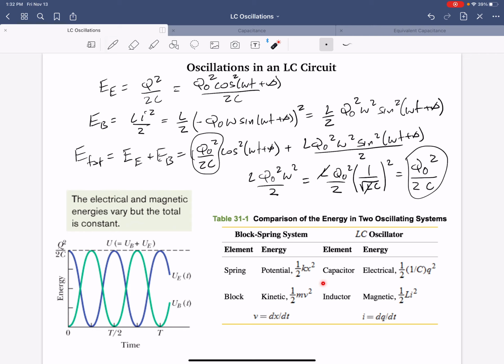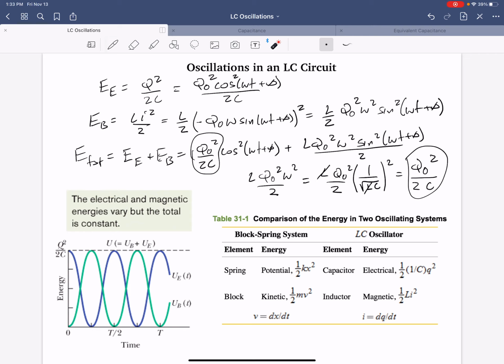And down here in this table, again, this is analogous to a mass on a spring, where the potential energy for a mass-spring system was all in the spring, and the kinetic energy was all in the moving block. In an LC oscillator, the potential energy is in the capacitor, and that's analogous to the electrical energy.